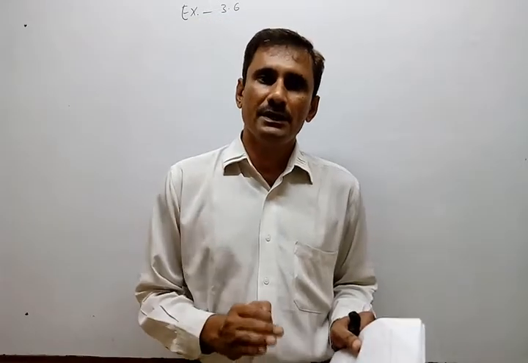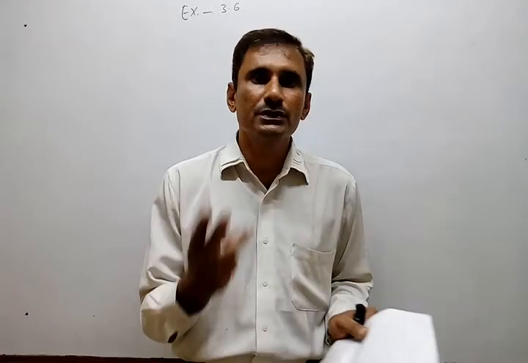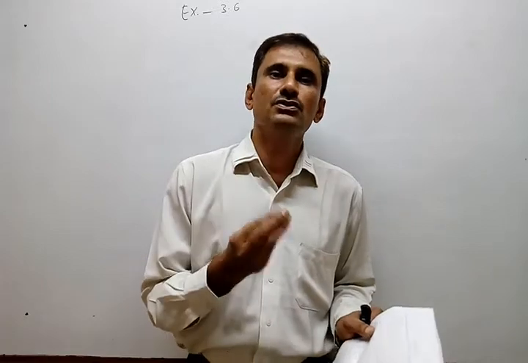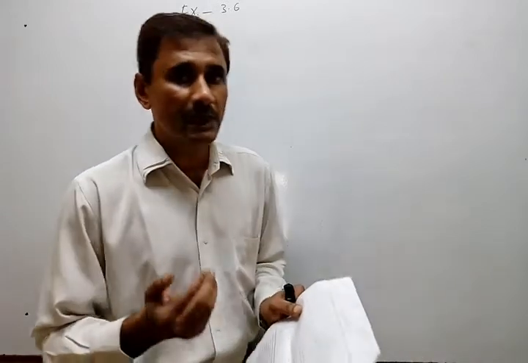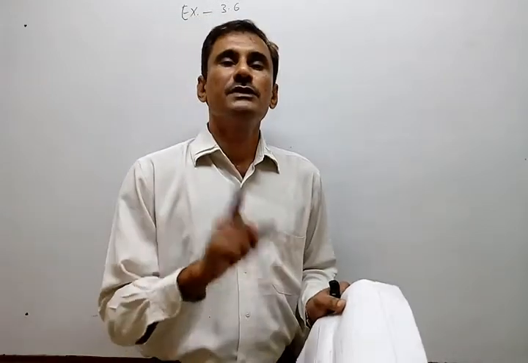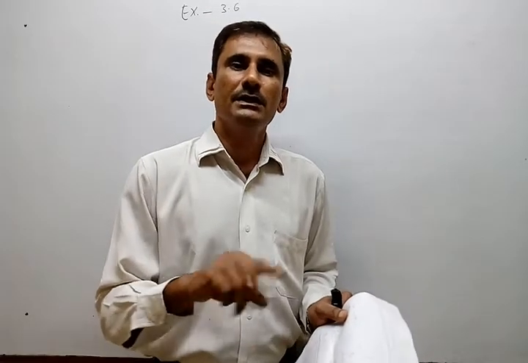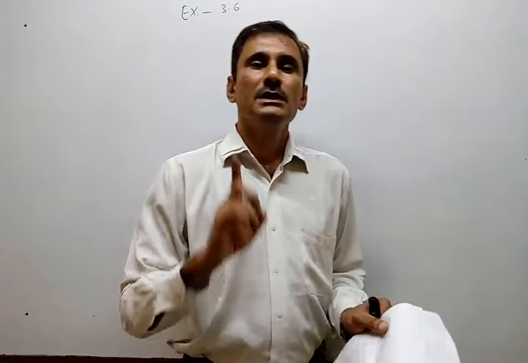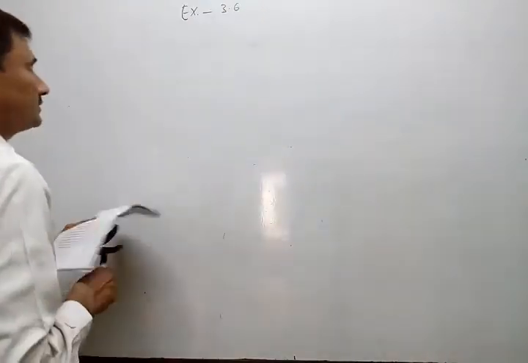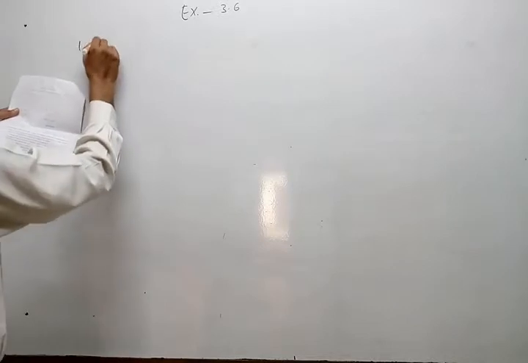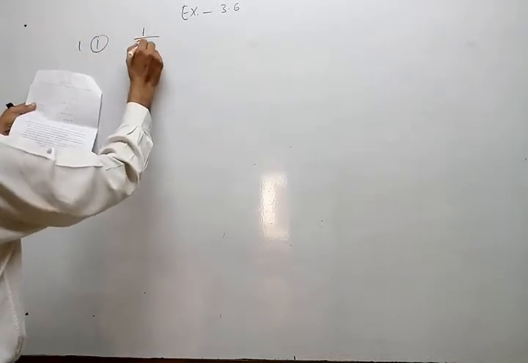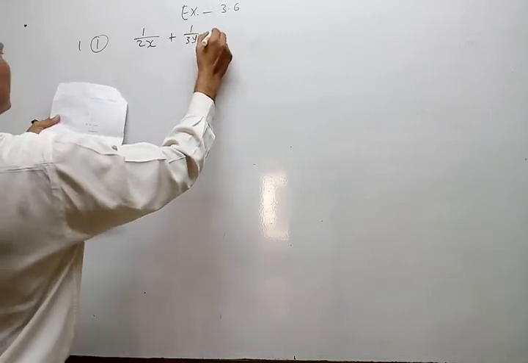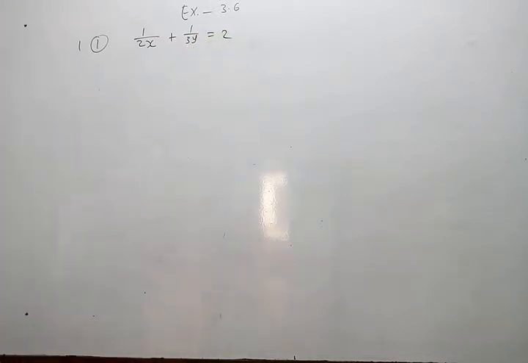So for time being, temporary, we have to suppose two new variables instead of given x and y. So that equations become linear for these two new variables, not for x and y. That is not possible. Okay. So look first of all at question. First, 1 upon 2x plus 1 upon 3y equal to 2.